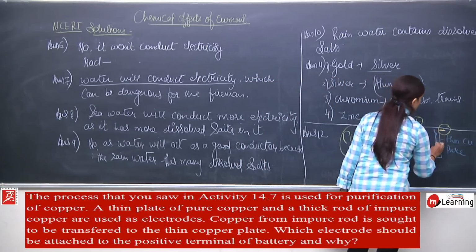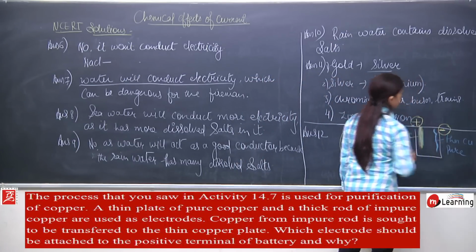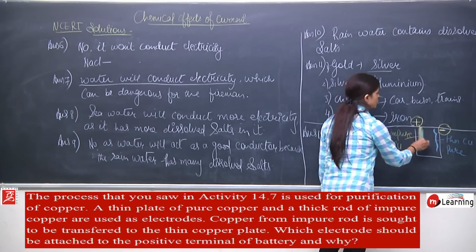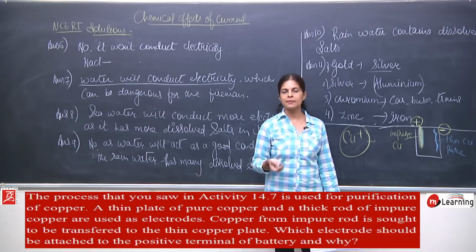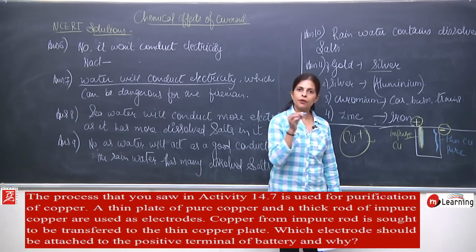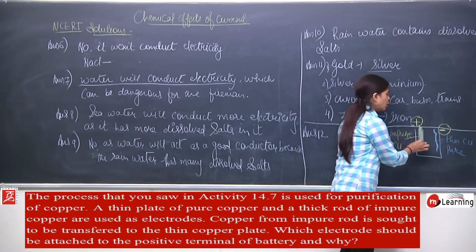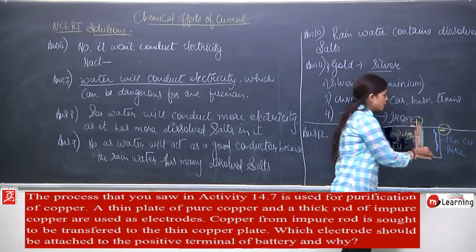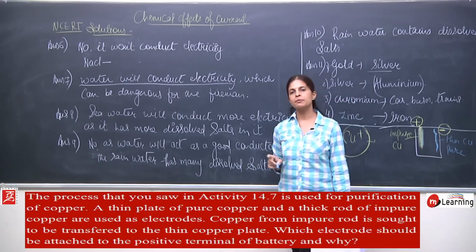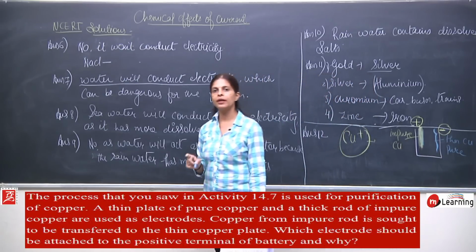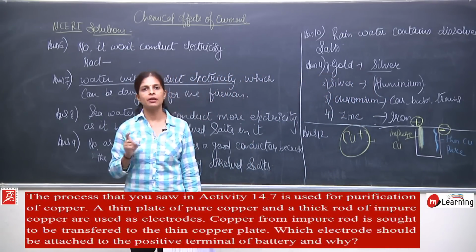Here you can see the blue line, which is copper, but along with that other things are also there. From here we have to take out the copper. We want only copper to come out and get deposited over here. So always remember, copper is positively charged, so it will go and get deposited on the negative terminal.